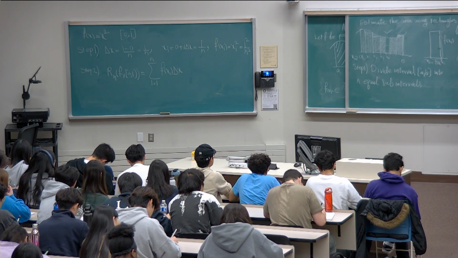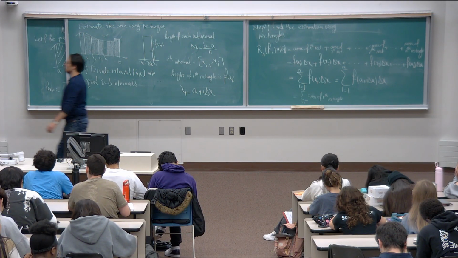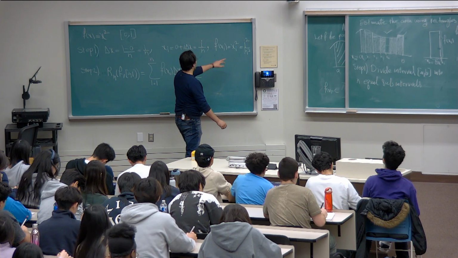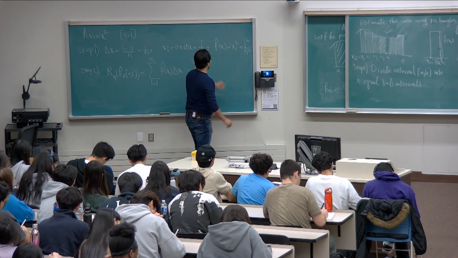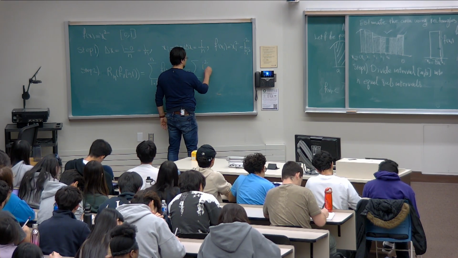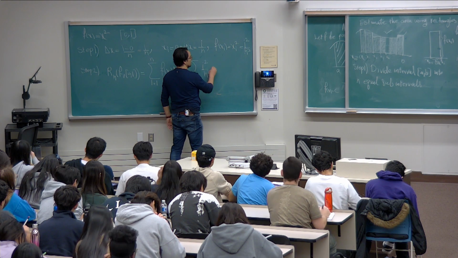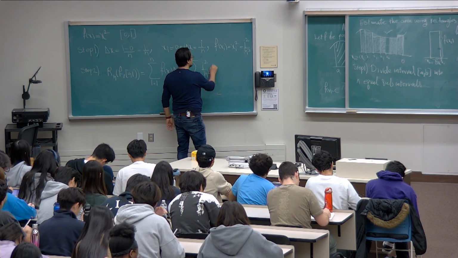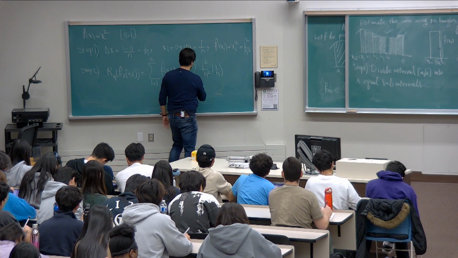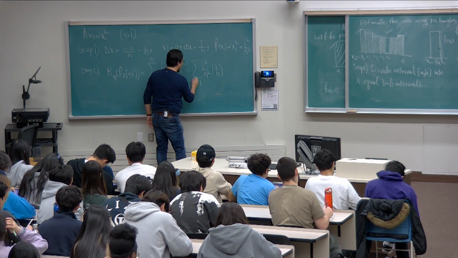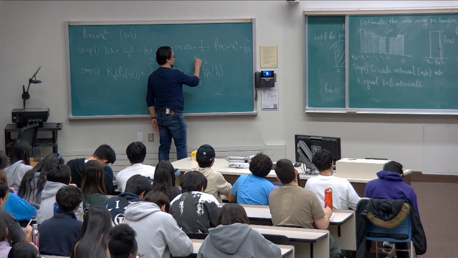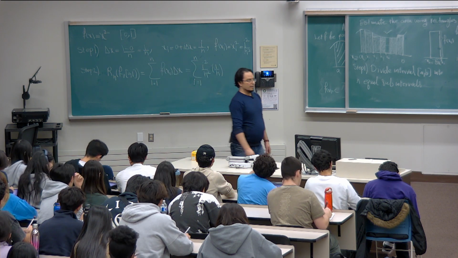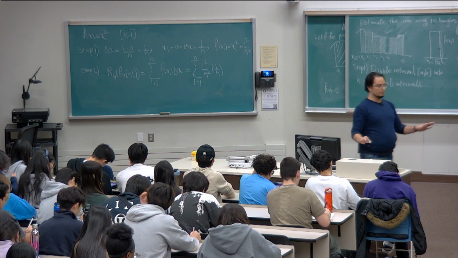But after plugging everything in, we see that we have i to the power 2 over n squared, times, this is f of xi, times 1 over n. I goes from 1 to n. Yeah? We are good so far?